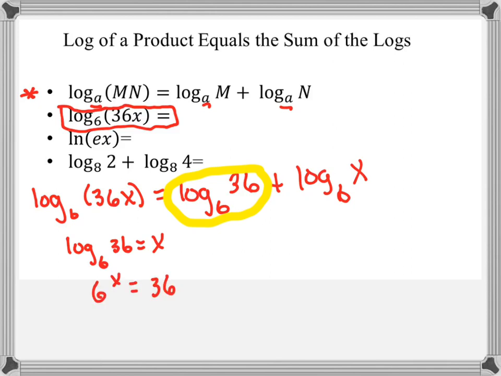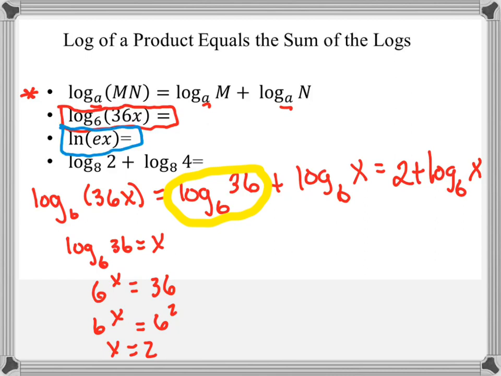We'll rewrite it in exponential form, so 6 to the x equals 36. We'll rewrite both sides as powers of the same base, so I can rewrite 36 as 6 squared. So 6 to the x equals 6 squared. We can now ignore the bases and set the exponents equal, so x equals 2. So that first one simplifies to 2 plus log base 6 of x.